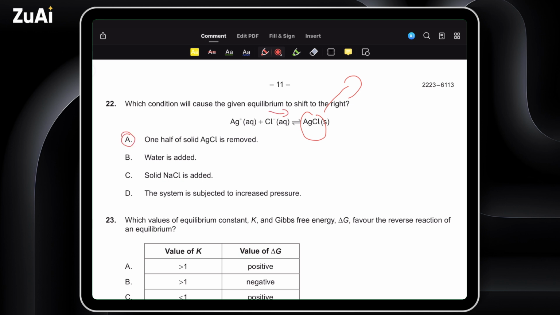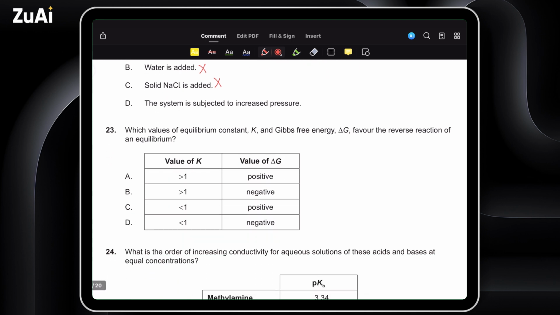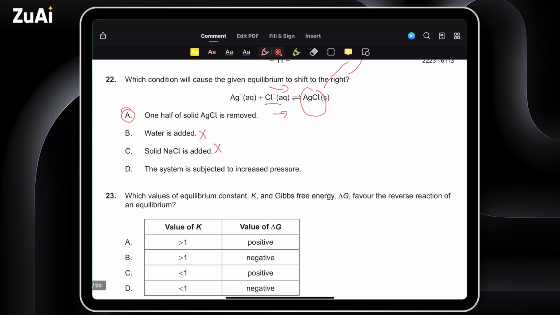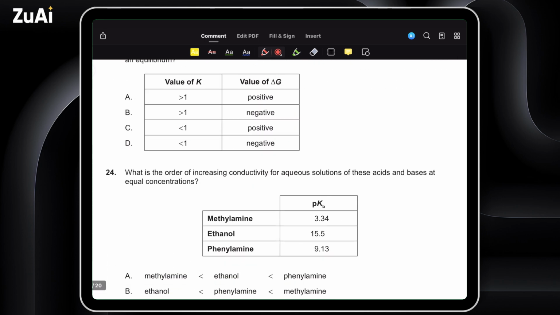So that's why A is the answer. Water is not in the equilibrium. Solid NaCl is not in the equilibrium because we need aqueous chloride ions which shift the equilibrium forward. And system subjected to increased pressure, the pressure is applicable only for the gaseous reaction. That's why A is the answer.